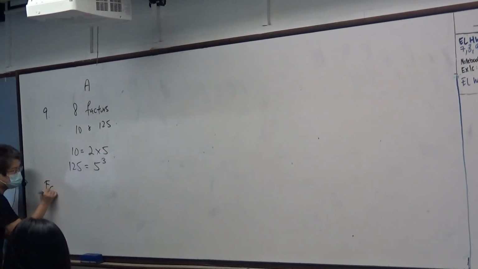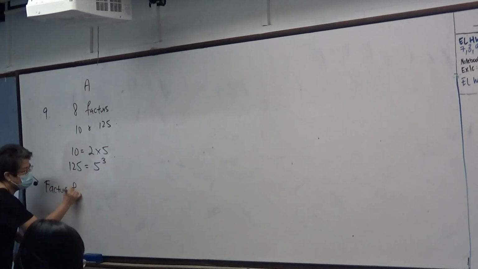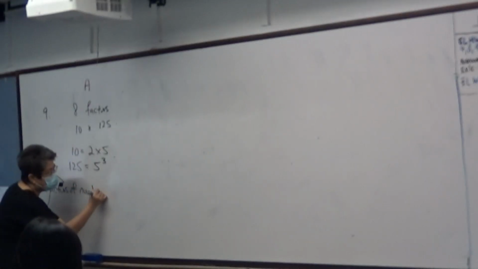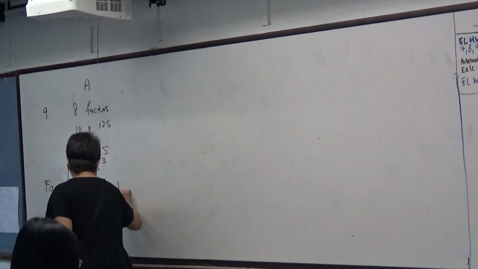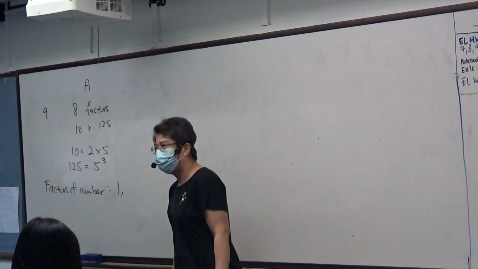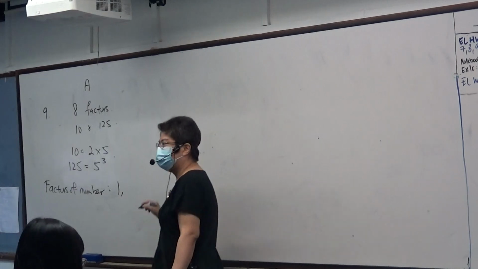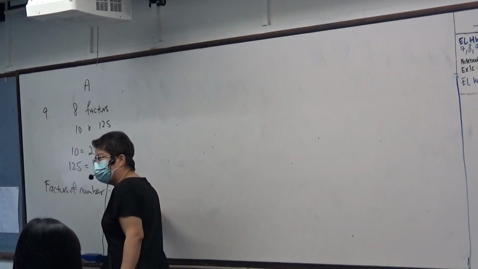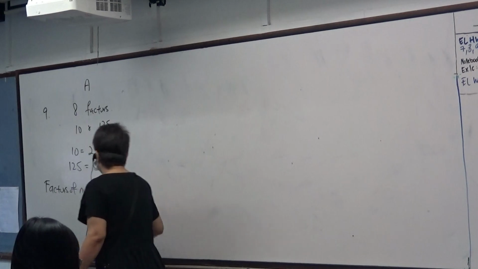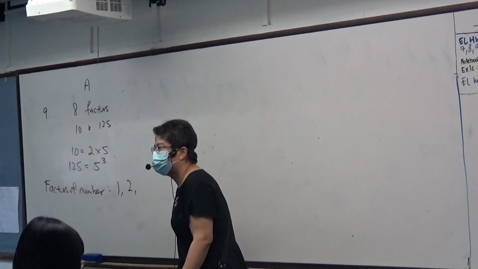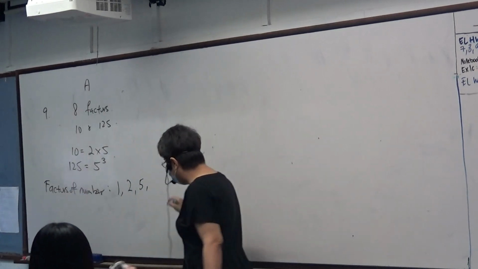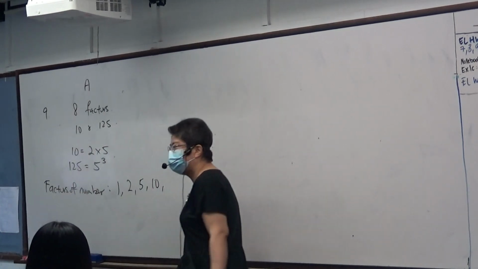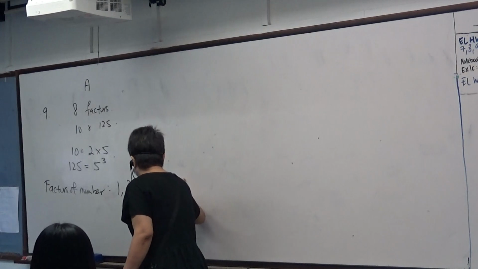So, the factors of the number will be, those are done. You will know that it's first of all 1, right? Correct. Then what is it? Can be 2, yes. Next one is what? 5. Good. Then 10. Then 25.